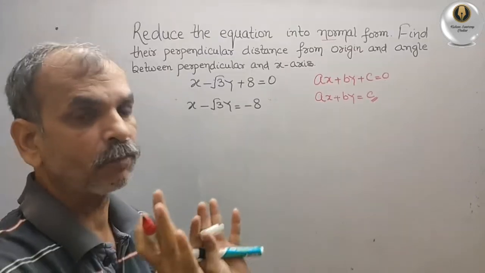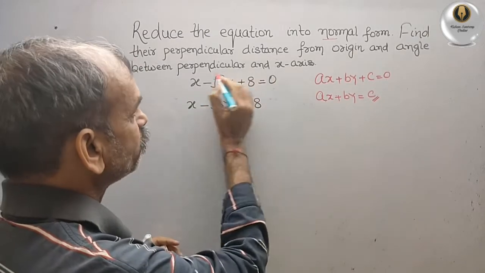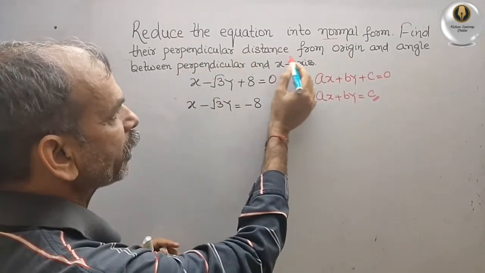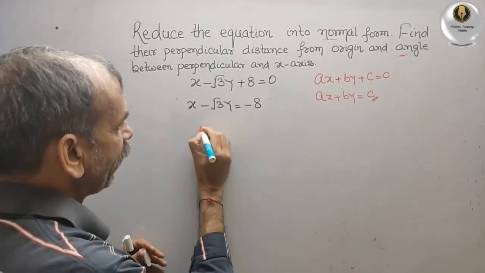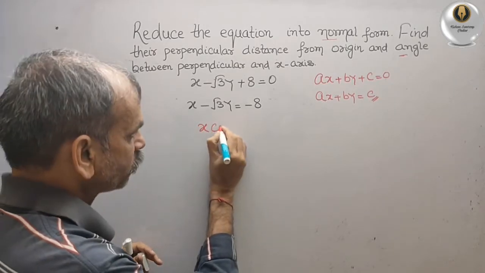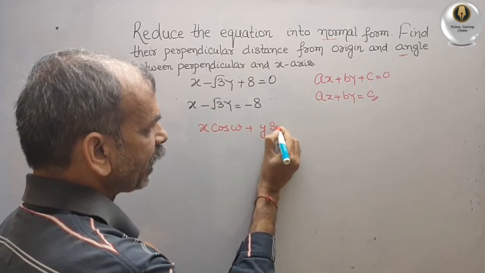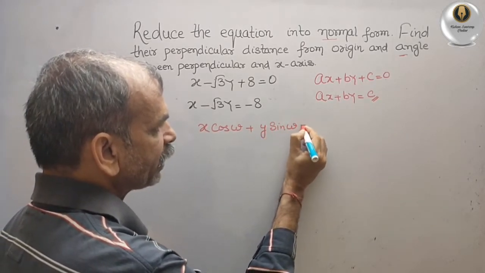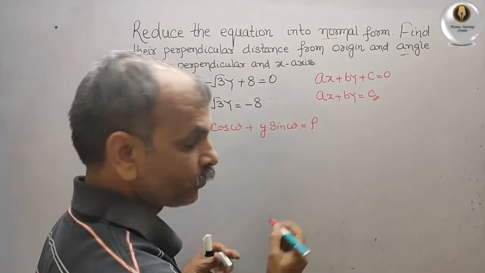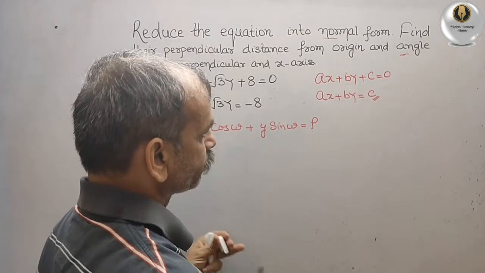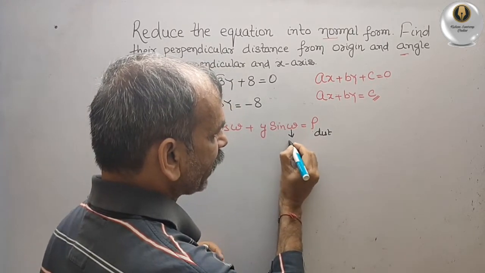So we have our formula: x cos omega plus y sin omega equals p. Here p is the distance, and omega is the angle.